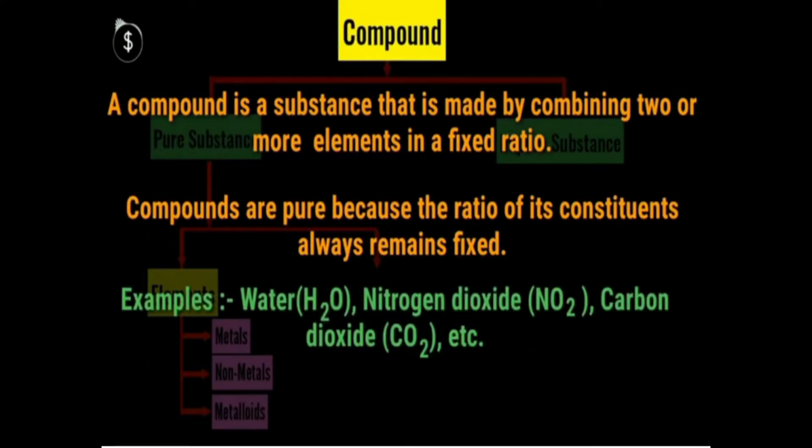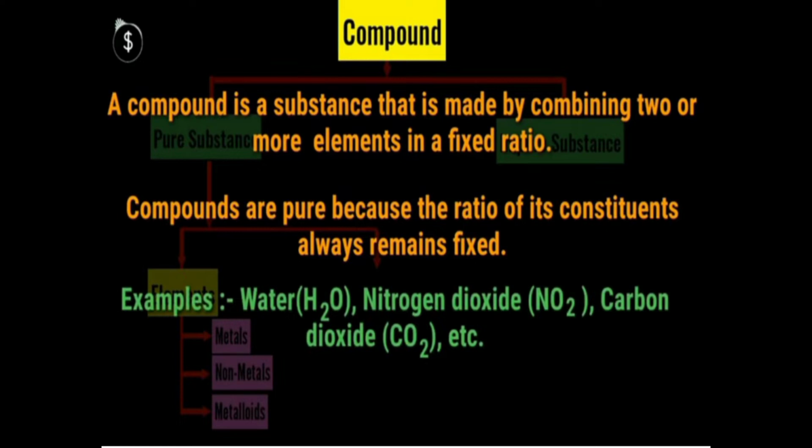Now let's study compounds, which are another type of pure substance. A compound is a substance that is made up by combining two or more elements in a fixed ratio. In elements, we saw that elements are pure substances made up of only one kind of atom, like carbon, which is made up of only carbon atoms.